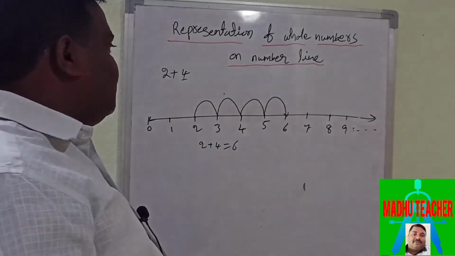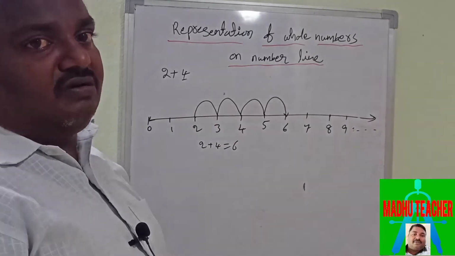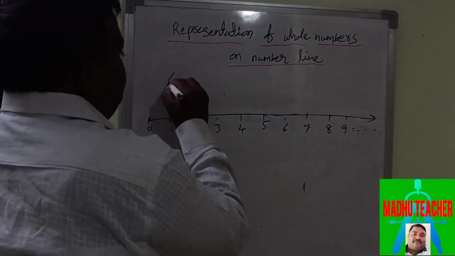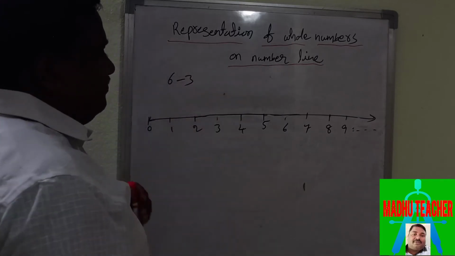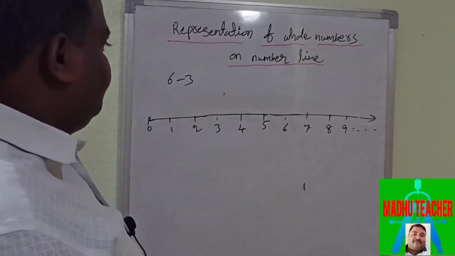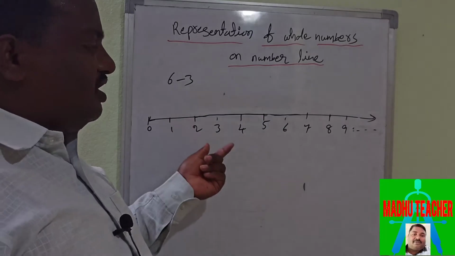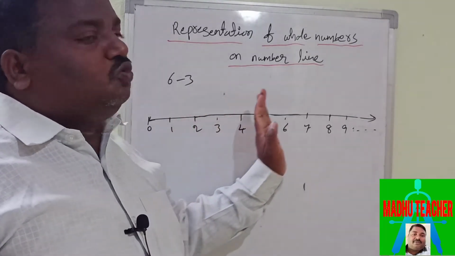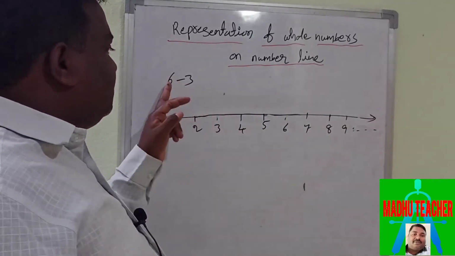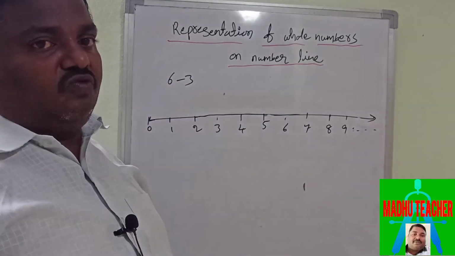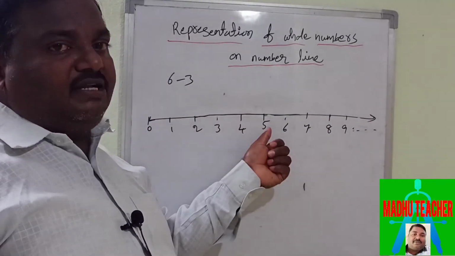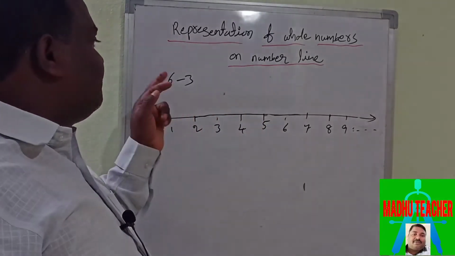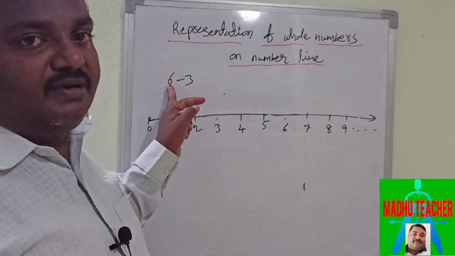Okay, so let us see the subtraction on the number line. Let us see one subtraction: 6 minus 3. In addition, we move on the number line towards the right side, but in subtraction, we move towards the left side, and we start from the first number.